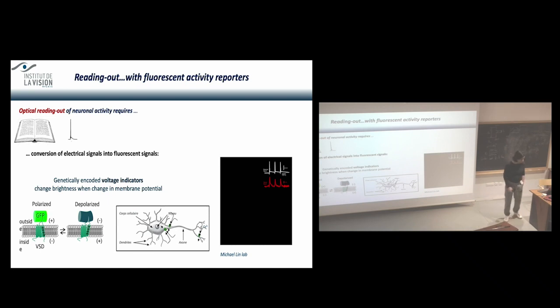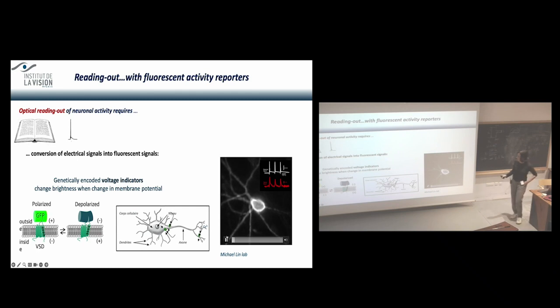And here you will see another example where there is this blinking, and each time you see a change in fluorescence, there is a change in the membrane potential. What you can already see here, but we will come back to this point later on, is that those probes are much faster than the calcium indicators, so you can actually have the temporal resolution to resolve a single spike, which you could not do with calcium imaging. But we will come to this point later on.